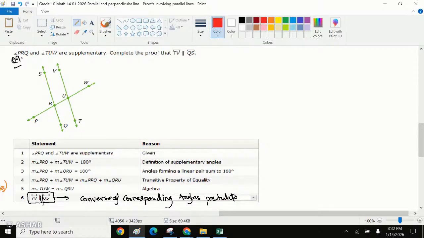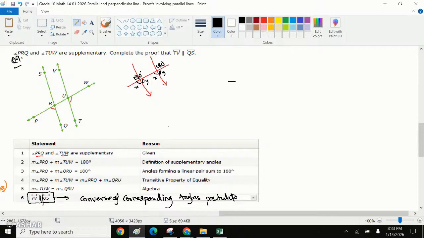In this question, what they are saying is these two angles are supplementary. So can we say PRQ and TUW, these angles would be supplementary, right? Can we say that these were the two parallel lines? If this was angle X and this was angle Y, because they are corresponding, we can say the sum is 180.